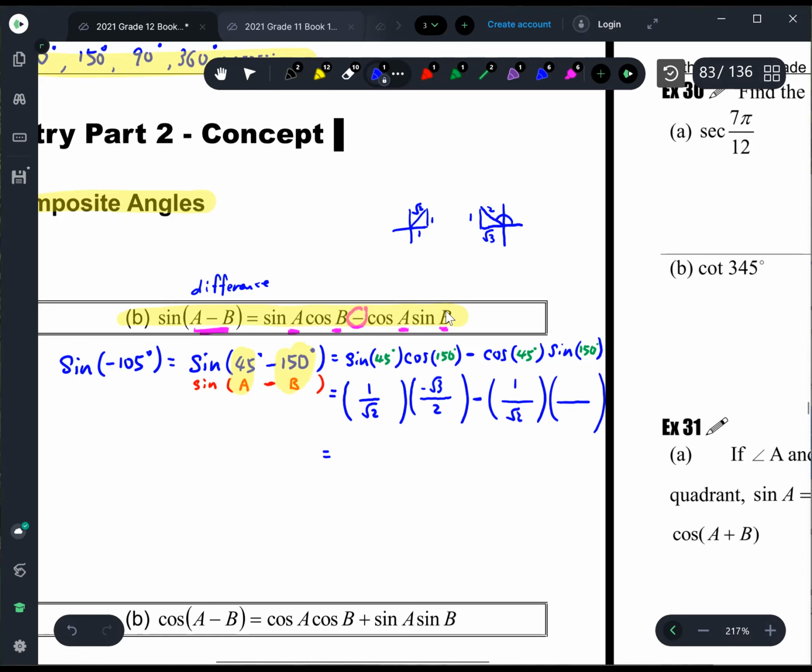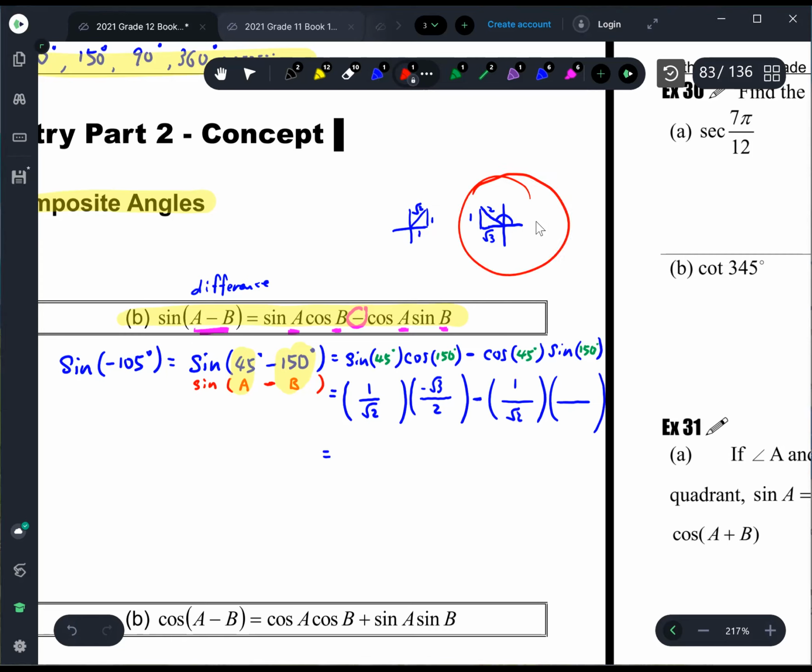What about sine 150? Is it 1 over root 2? 1 over what? No, not 1 over root 2. Sine 150, you need to look at this picture.